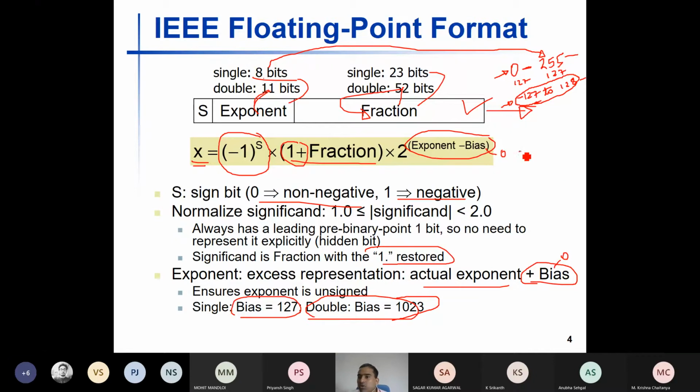I'm able to store 2 raised to power minus 127 onwards to 2 raised to power 128, or actually one less than that, but just for argument's sake. So I begin with smaller numbers. I don't go as far as 255, but at least I go till 2 raised to power 128. It's more important to store small numbers rather than just going on storing large numbers. Otherwise, I will not be able to store them accurately.